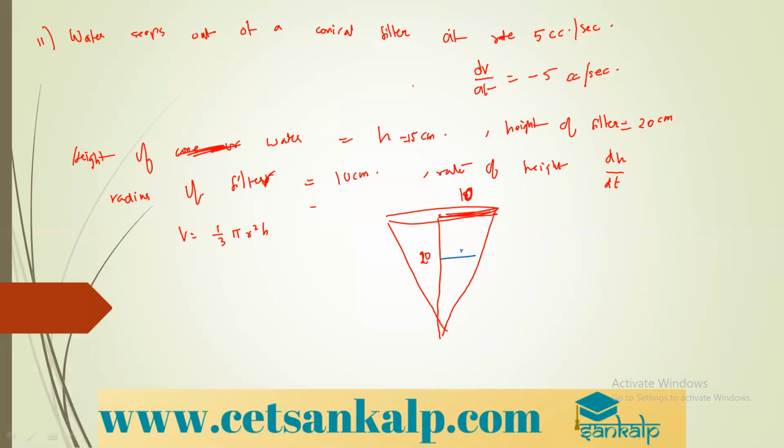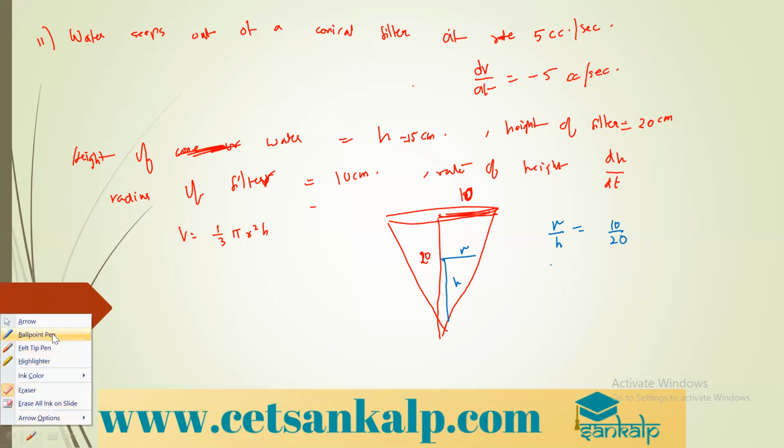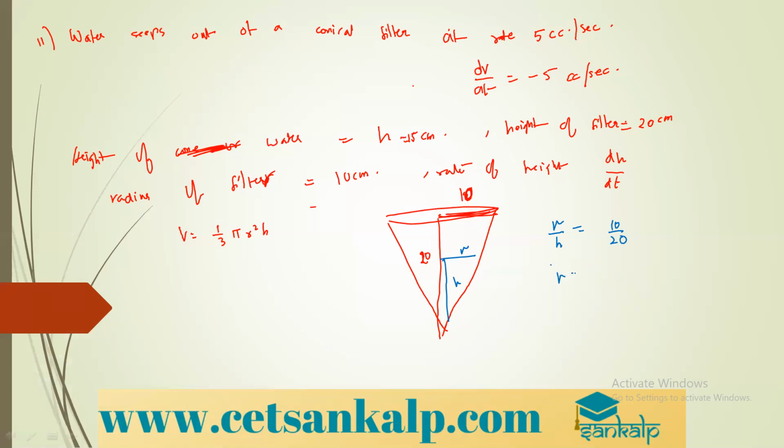When you pour water, the radius is r and height is h. So taking the ratio of r by h and comparing with 10 by 20, r equal to 1 by 2 into h. I can write r equal to h by 2.